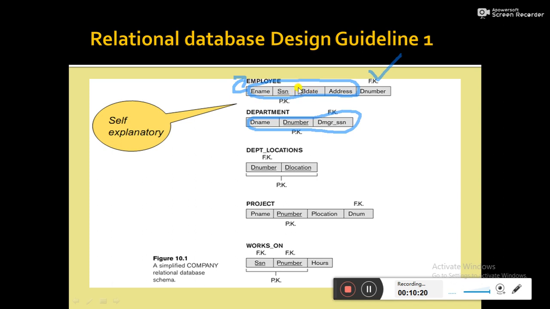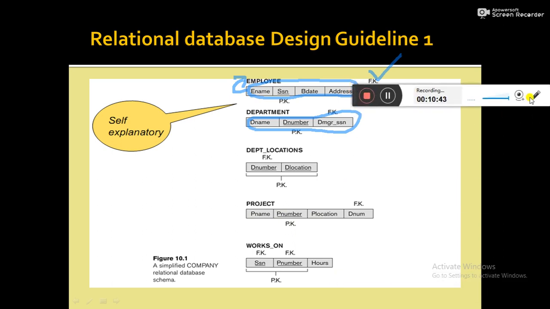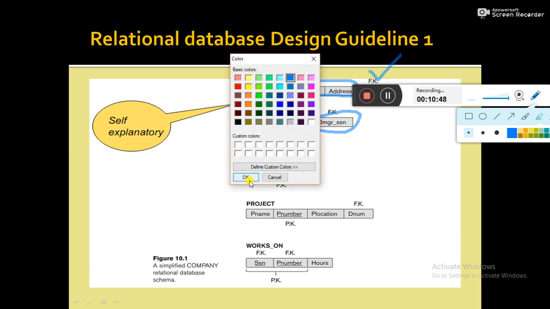only include those attributes in a relation which are related to only that specific entity set. In that example, if you look at the project relation, P name means the project name, P number is the project number, and P location. These three attributes are strictly related to the project entity set or the project relation only.